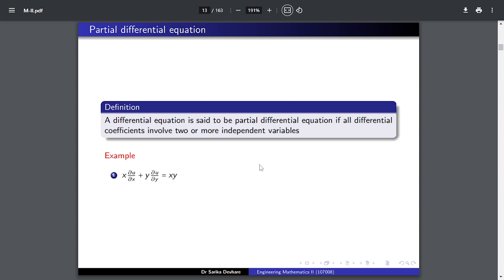The basic difference is that an ordinary differential equation has only one independent variable, while a partial differential equation involves two or more independent variables.